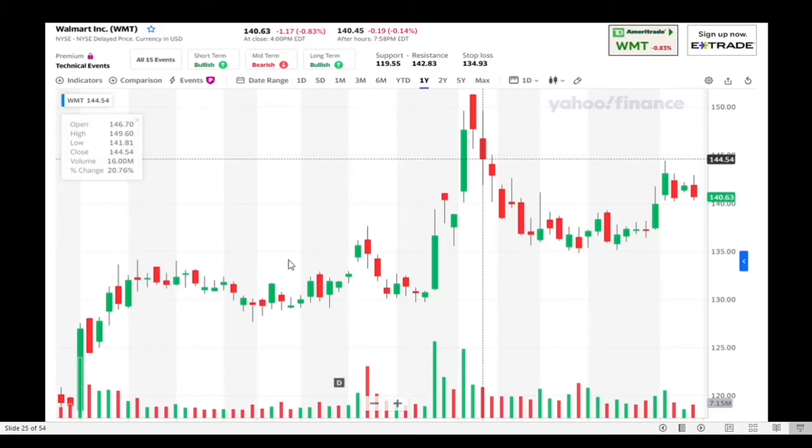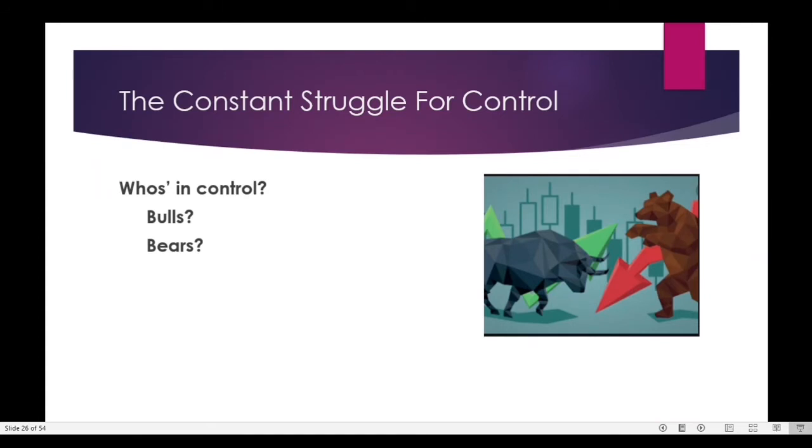When we see a red candle, we can see the bears are in control. And there is a constant struggle for control. And as traders, our number one goal and focus is to identify who's in control. Is it the bulls or is it the bears?